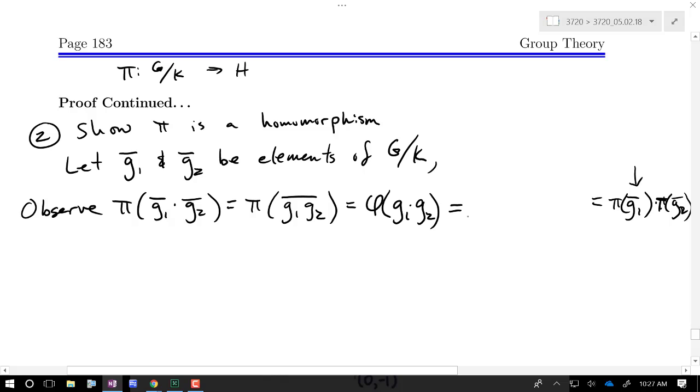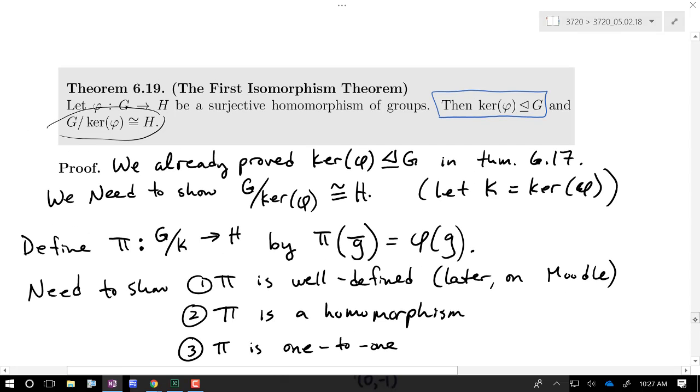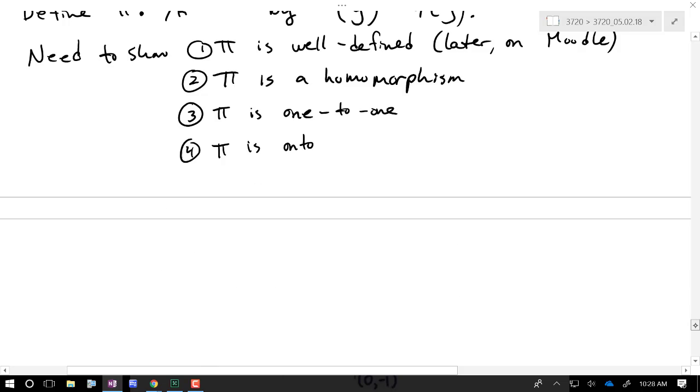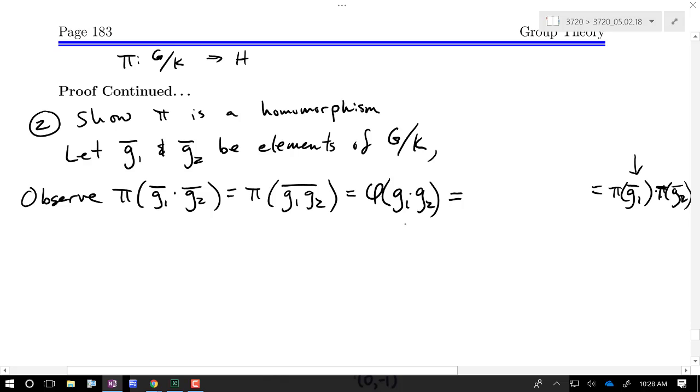What do we know about phi? Let's go back to what this theorem says. What is assumed true about phi to begin with? That it maps from G to H, and that it's a homomorphism. So what does that allow us to do next? Since phi is a homomorphism, we can split that up into phi of G1 times phi of G2.